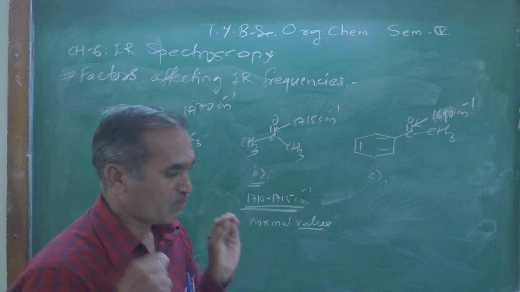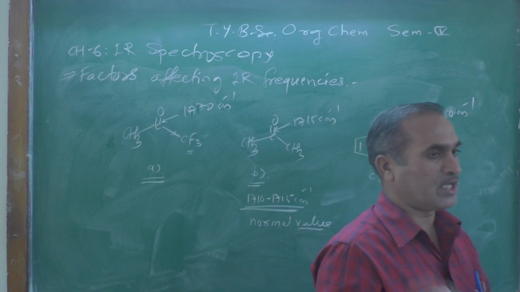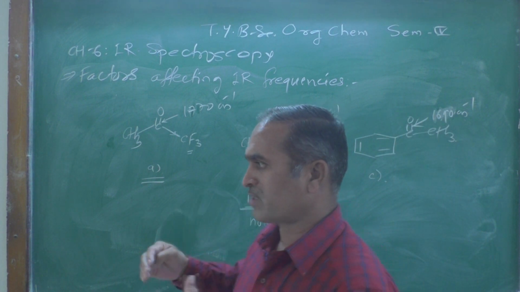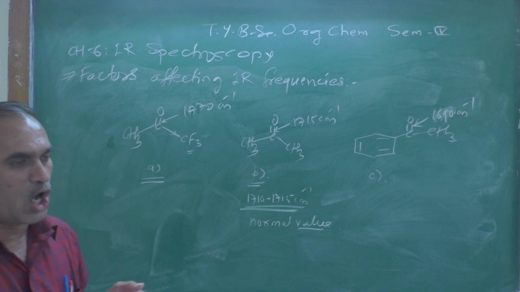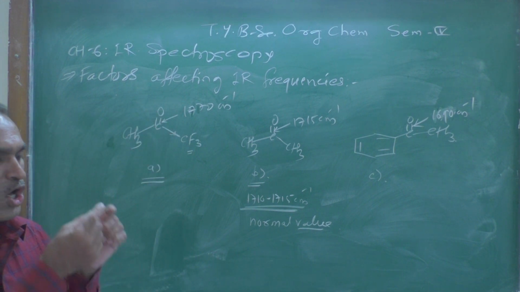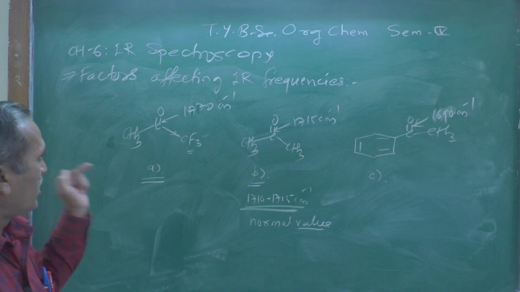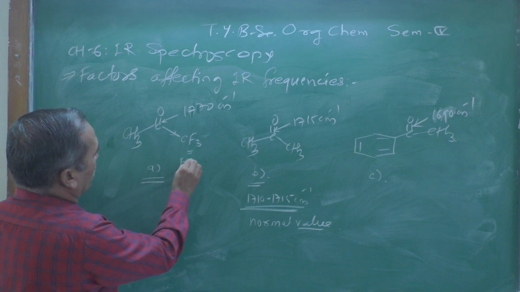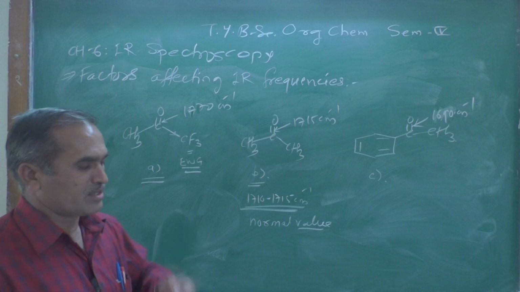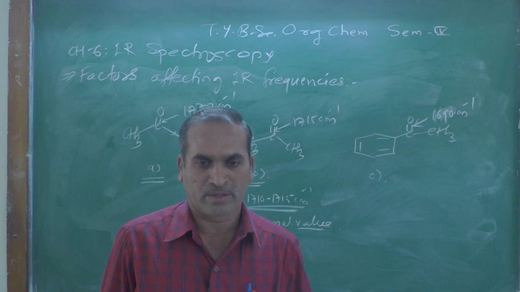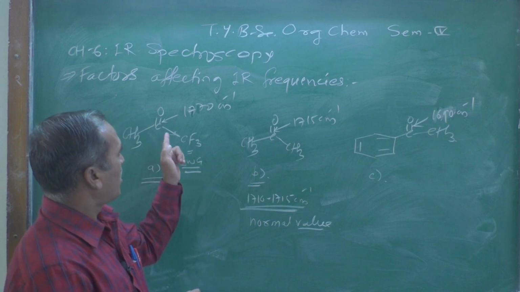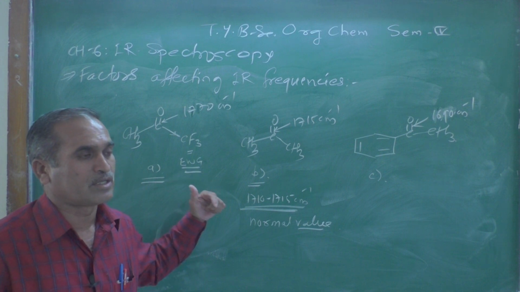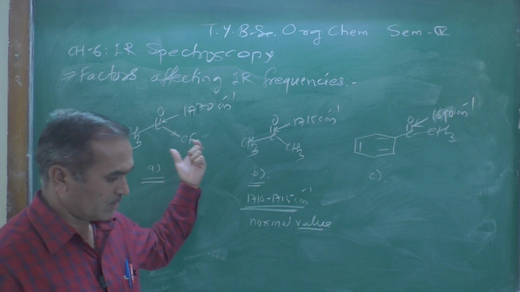As we know, fluorine is the most electronegative element in the periodic table, and it has the ability to pull the electron toward itself, and therefore the electron withdrawing group is responsible for raising the IR frequency of the carbonyl group in this particular organic compound.